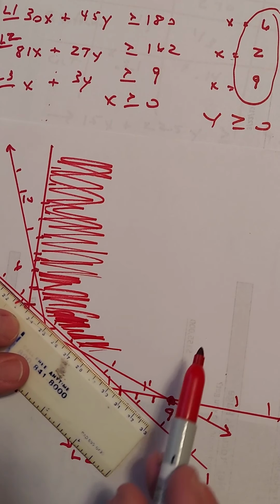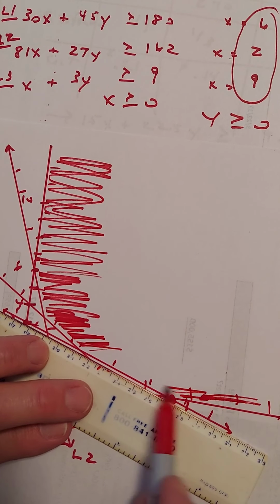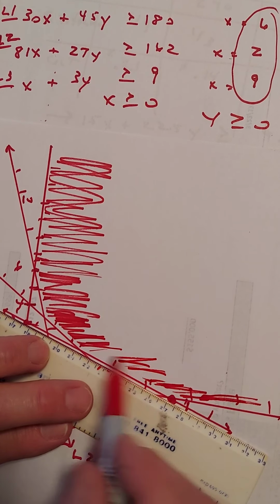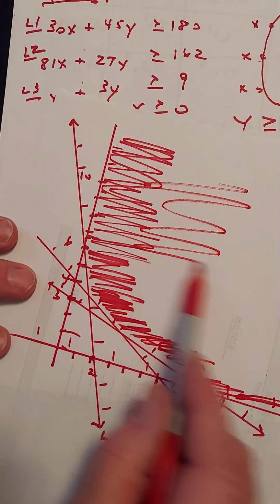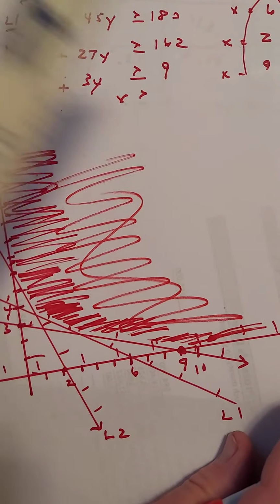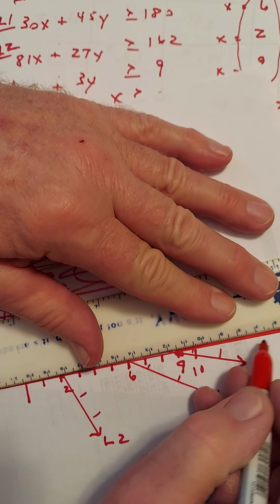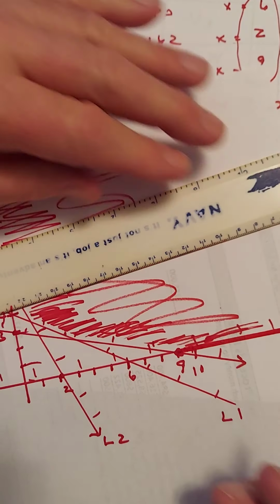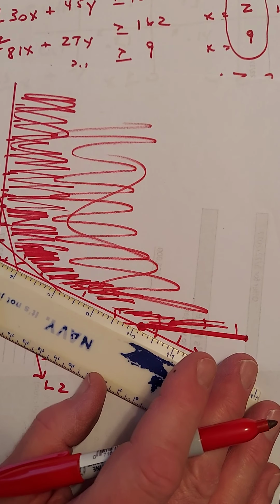This is what a minimization problem looks like. Okay, and then I usually, you've seen this before, where I'll make this a little bit darker so you can see your edges. You got an edge right here.